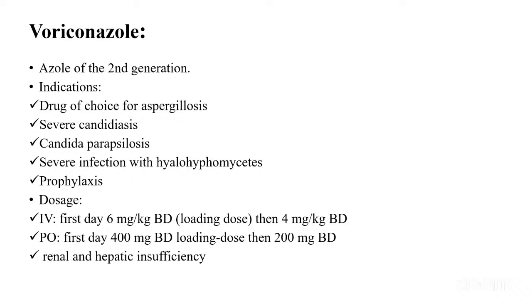It is approved since 2014. Gap in effectiveness: it does not work against Mucorales. IV dose is first day 6 mg per kg BD loading dose followed by 4 mg per kg BD. Per oral, first day is 400 mg BD loading dose, then 200 mg BD. There is no dose reduction in renal insufficiency with oral forms, but in hepatic insufficiency we have to reduce the dose.